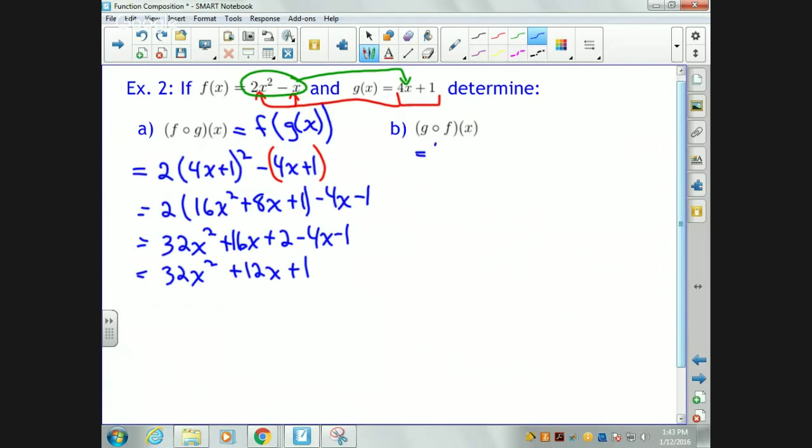So this will equal 4 times (2x squared minus x) plus 1. Expand, collect like terms, and you're finished. I guess there won't be any like terms. Yeah, that's a common pitfall number 2.